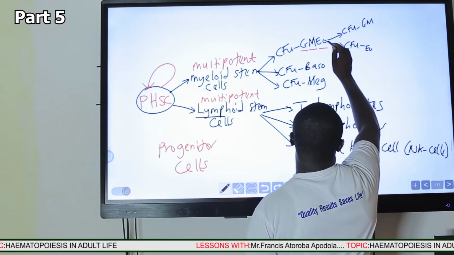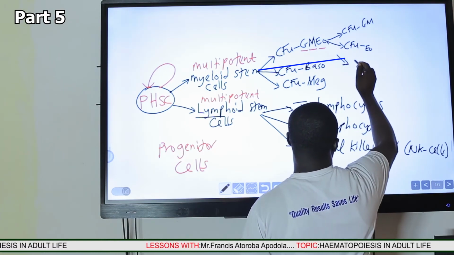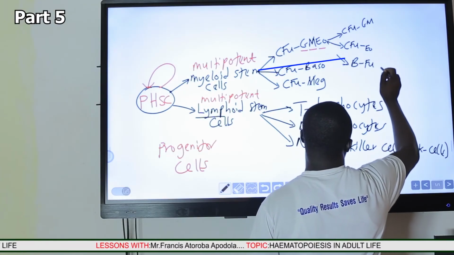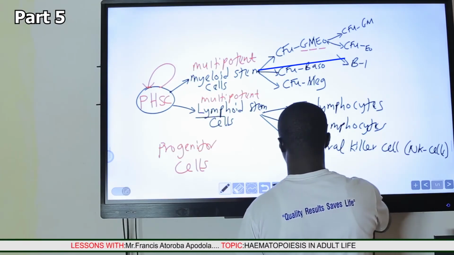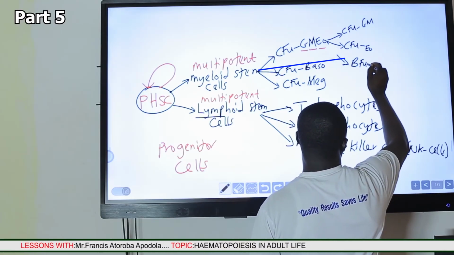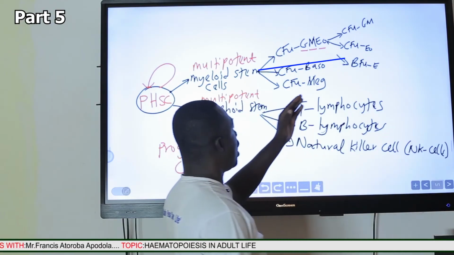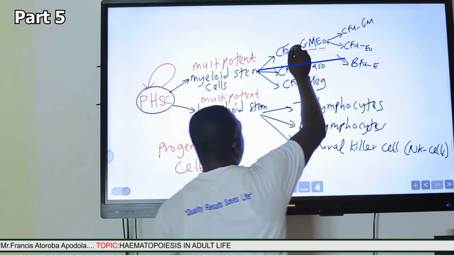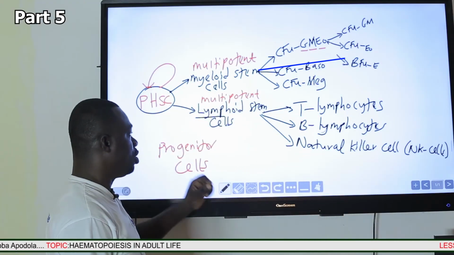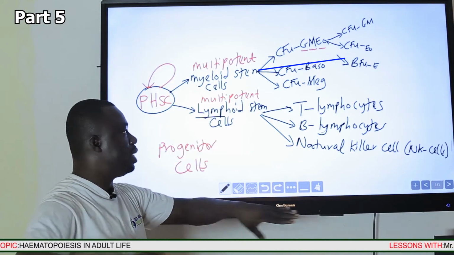Then we have another one, called the burst forming unit, erythroid. So when the colony forming unit granulocyte, monocyte, eosinophil undergoes further differentiation, they will split.